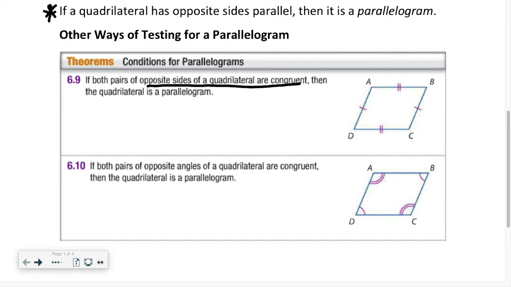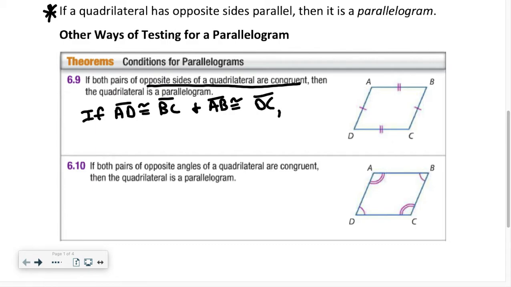So if AD is congruent to BC, and the other pair of opposite sides, AB, congruent to DC. Okay.